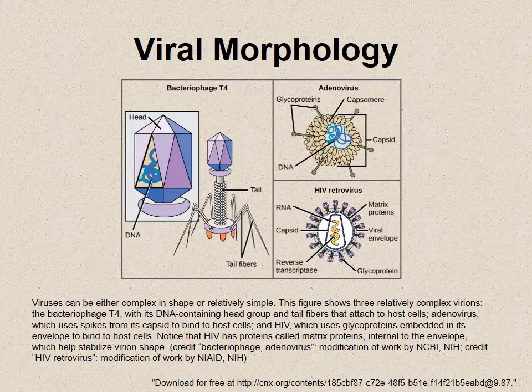The adenovirus is a non-enveloped animal virus, which causes respiratory illnesses. What it does is it uses glycoprotein spikes protruding from its capsomeres to attach to host cells. Non-enveloped viruses also include the viruses that cause polio, plantar warts, and hepatitis A.